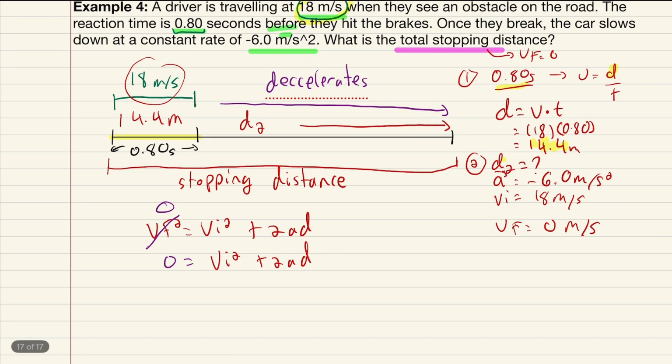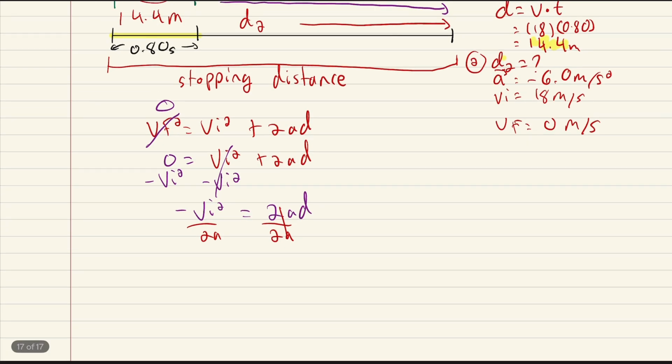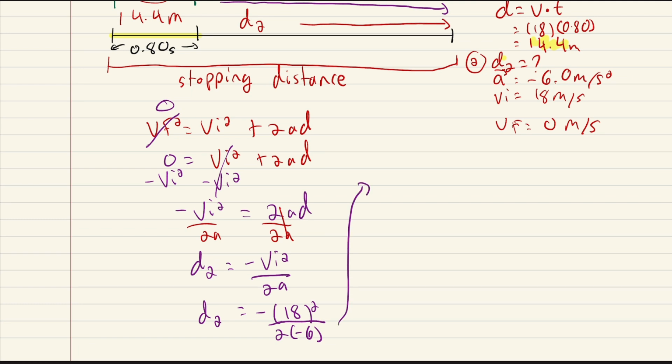And if I bring everything to the other side, in order to isolate for D, I would have this. And we end up getting a D2 of about 27 meters.